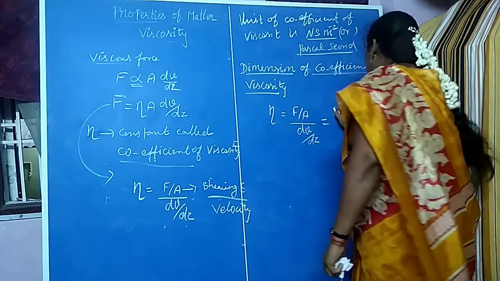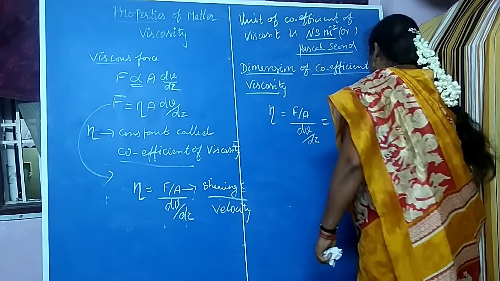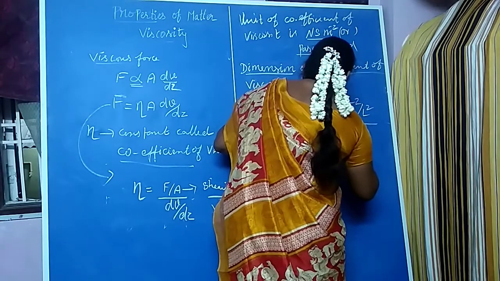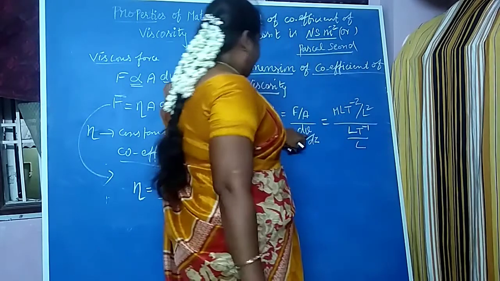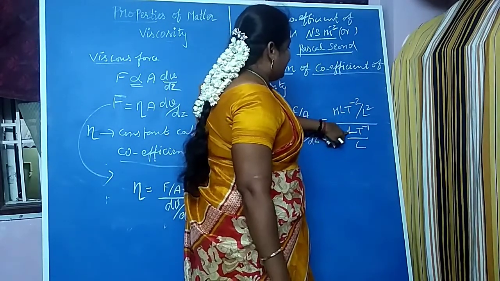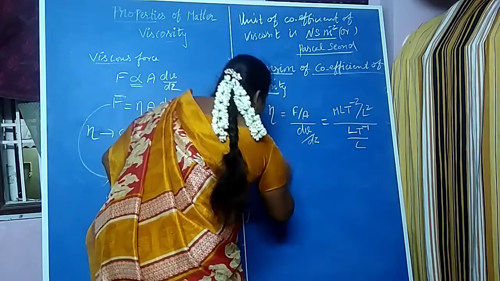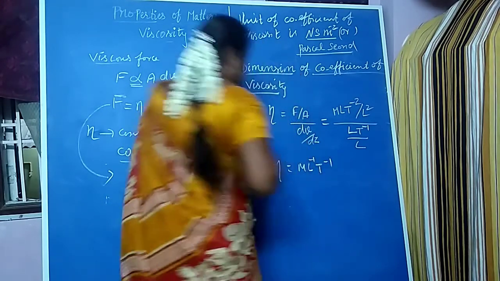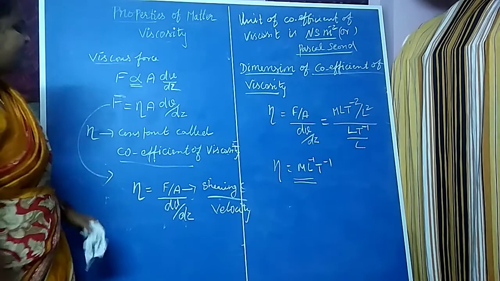The dimensional formula for force is M L T power minus 2, area is L square, and for dv by dz, v is velocity, which has L T power minus 1, and dz is distance, so L. On simplifying this, we get eta equal to M L power minus 1 T power minus 1. This is the dimensional formula for coefficient of viscosity.